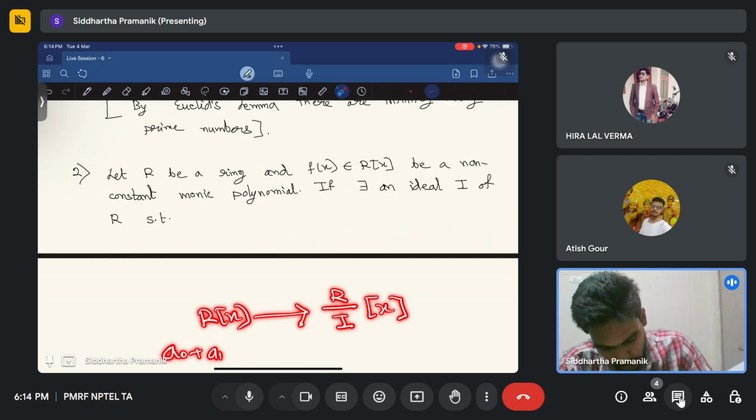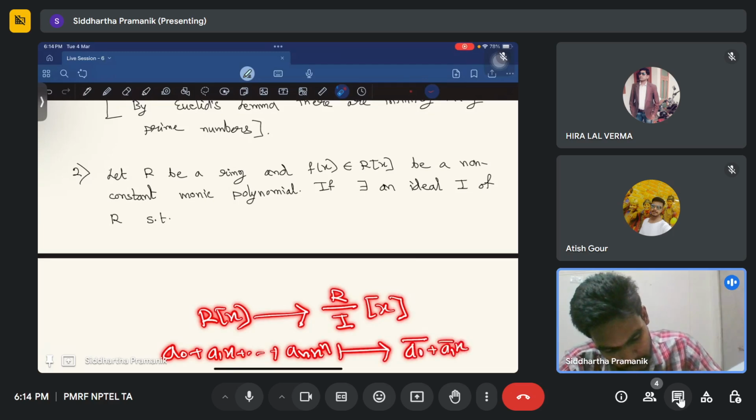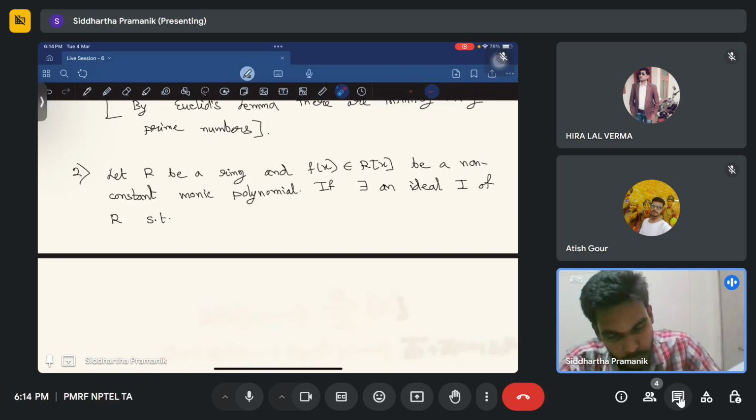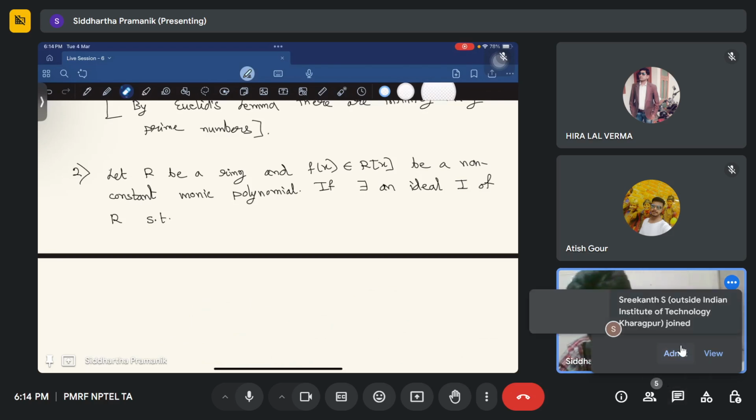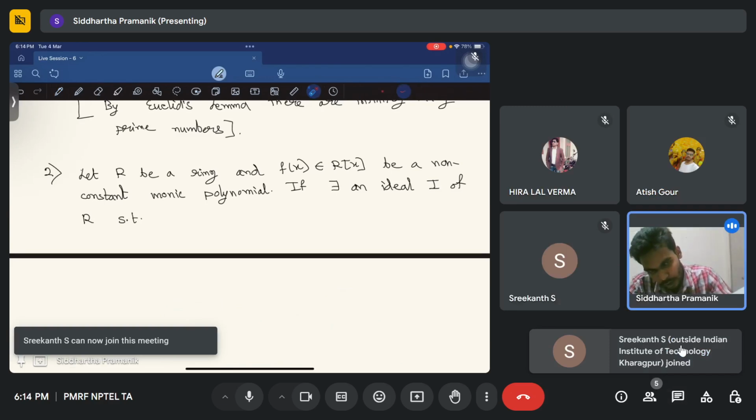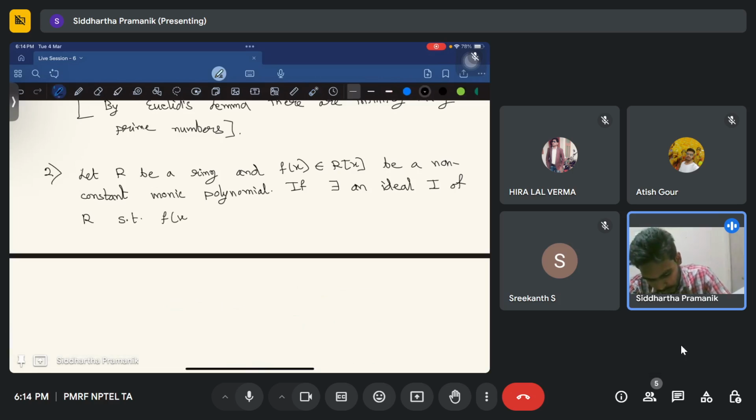We take the polynomial a0 plus a1 x plus so on an x to the n, and map it to a0 bar plus a1 bar x plus so on an bar x to the n. So we are just reducing the coefficients modulo I. So I is an ideal of R such that the polynomial f(x) bar in (R mod I)[x] is irreducible.